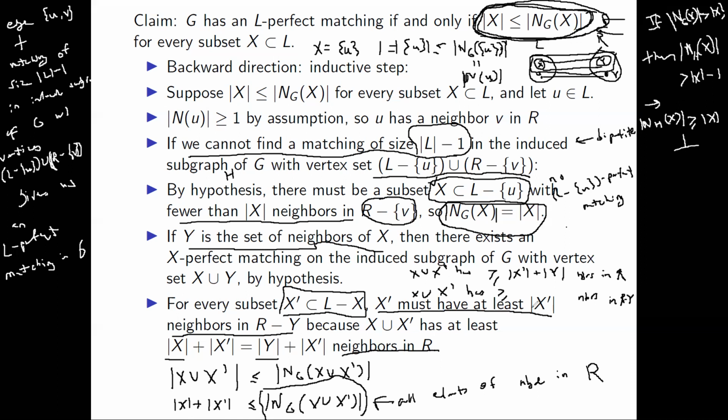So if they have at least cardinality of x plus cardinality of y neighbors in R, and we take out cardinality of y vertices from R, then the number of neighbors is going to go down by at most the cardinality of y.